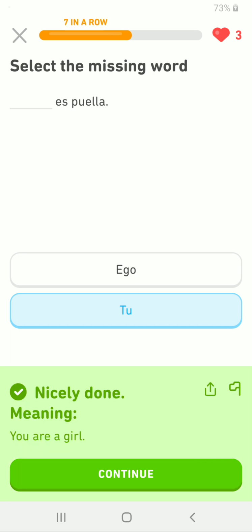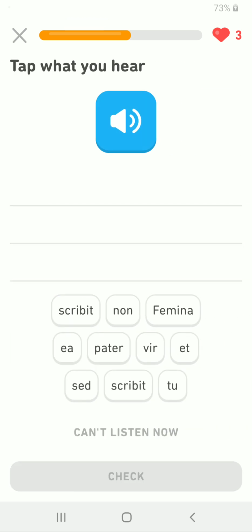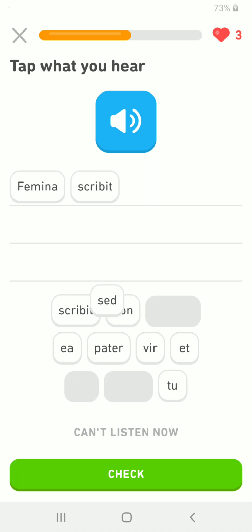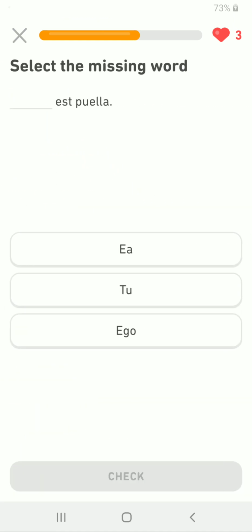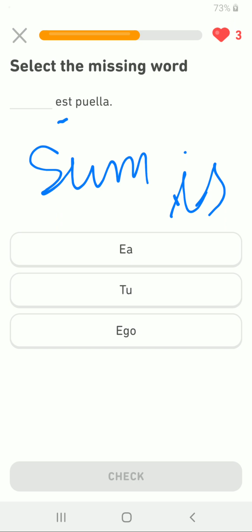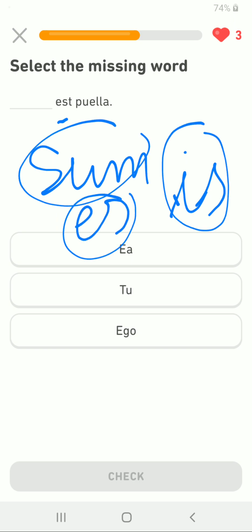Tu es puella. Femina scribit, sed vir non scribit. Scribit. Scribo, I think, is I, right. I just want to learn conjugation. So est is is, right? We know that there's sum, there is es, and est.